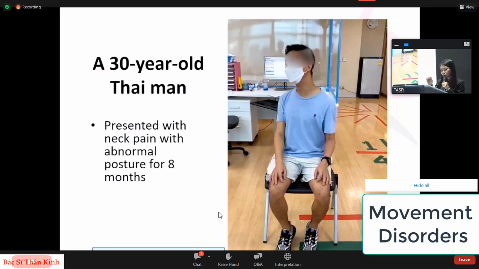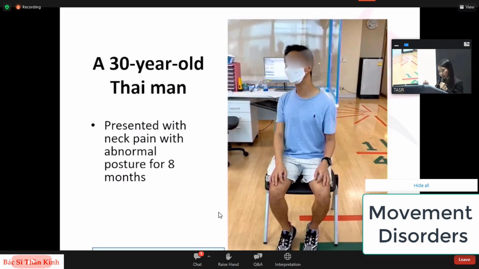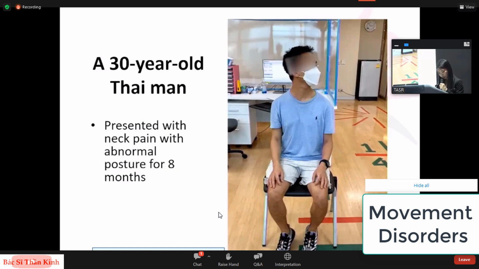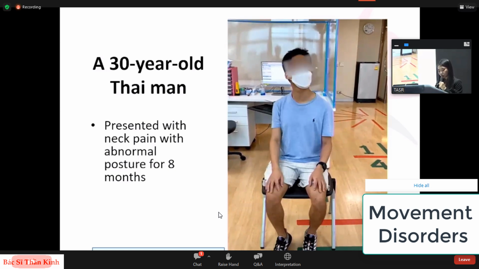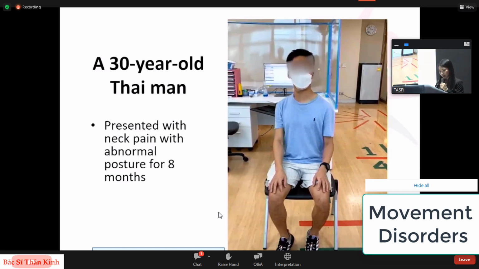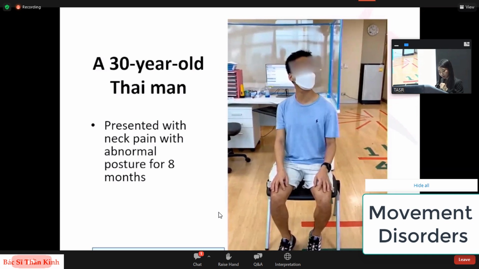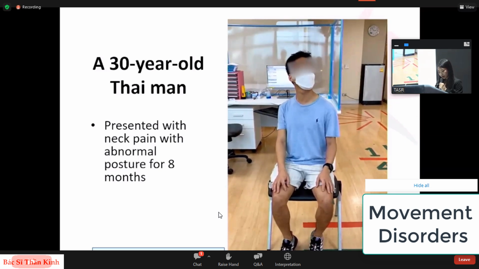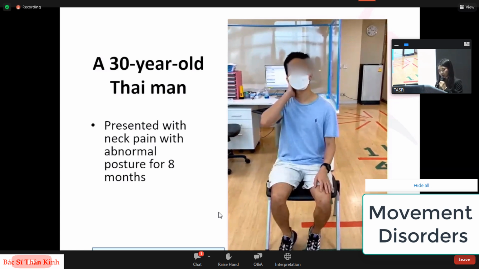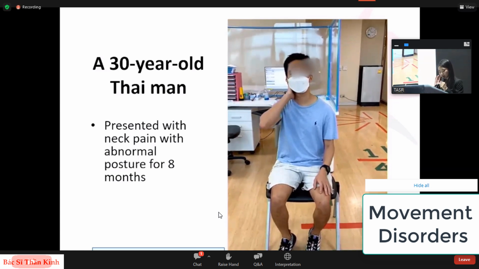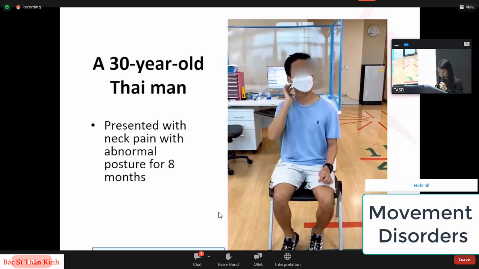The doctor asks him to turn the head to the right and to the left, and then move to the neutral position. And you see that the head is turning to the left. And then the patient touched his neck and chin.